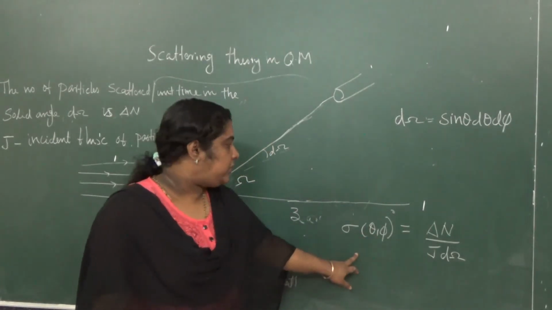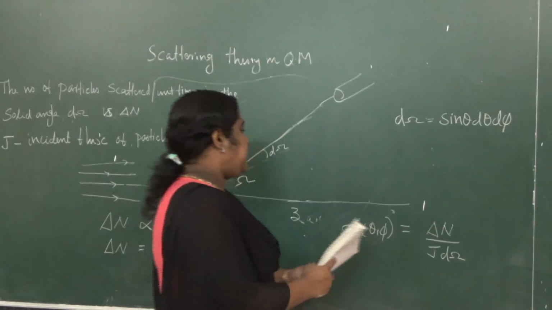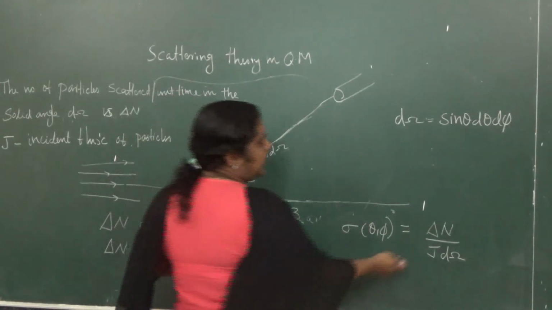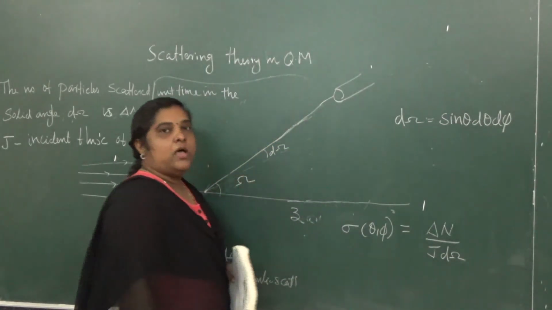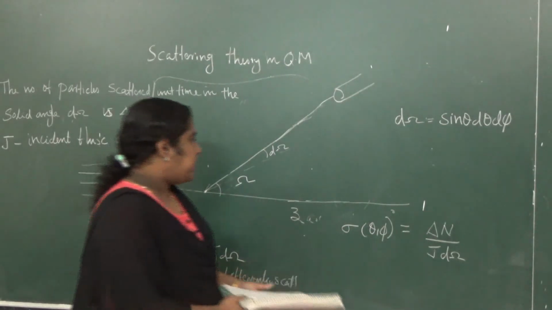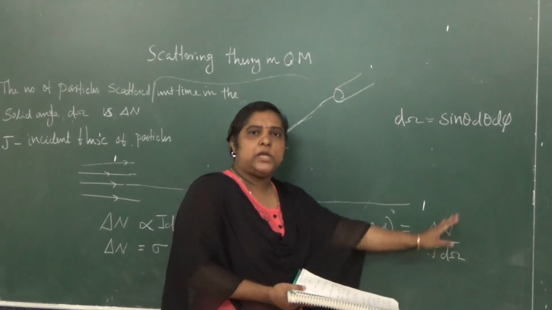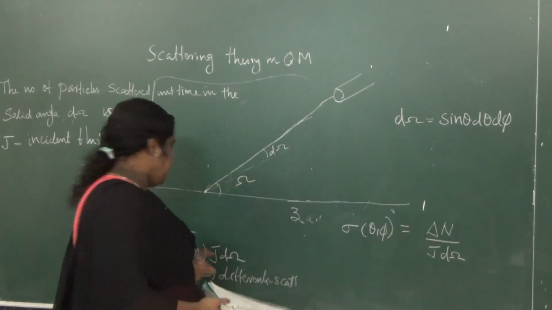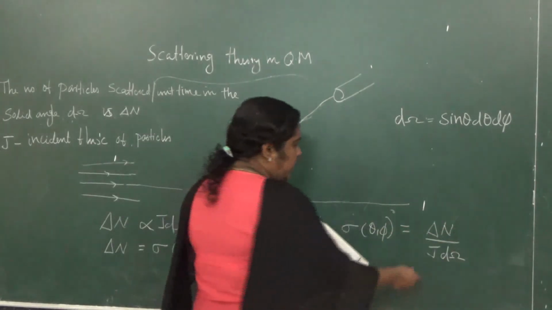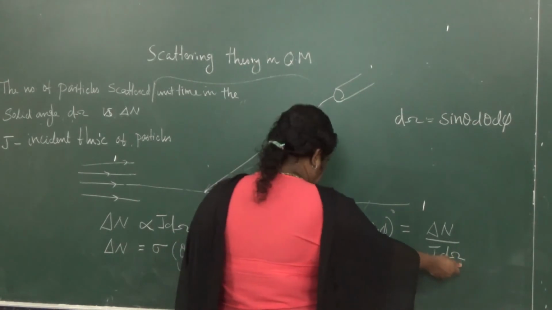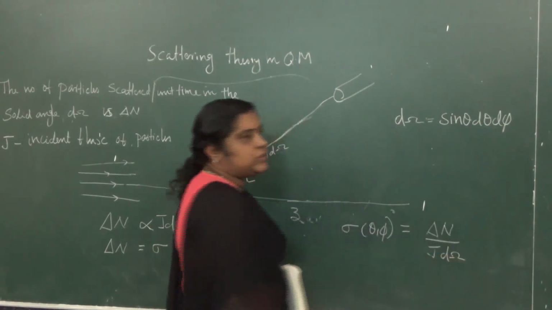This is a very important quantity. So sigma theta phi is equal to delta n by J d omega, that means the number of particles scattered, delta n, per unit time, per scattering center, per unit incident flux and per unit solid angle.